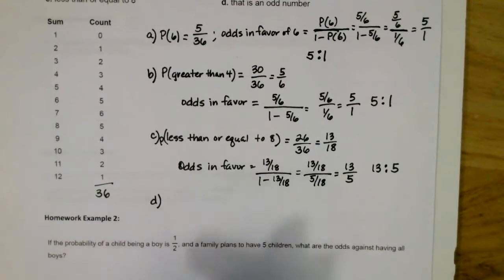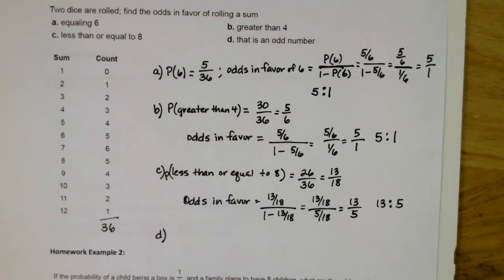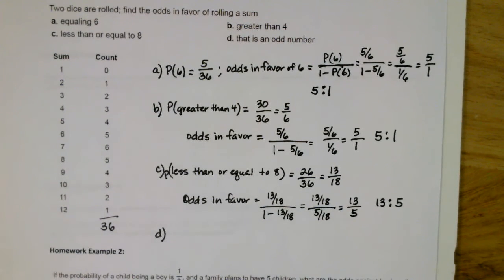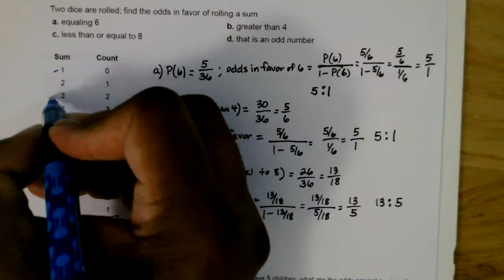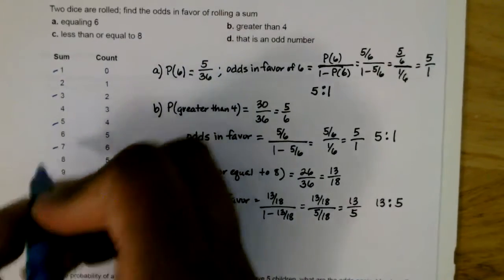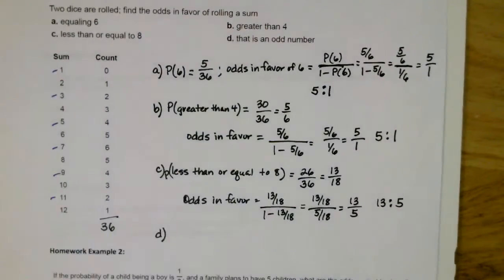All right, and then part D, finding the odds in favor of rolling a sum that is an odd number. So our sum has to be an odd number. We need to include numbers like 3, 5, 7, 9, and 11, because those are sums that are odd.